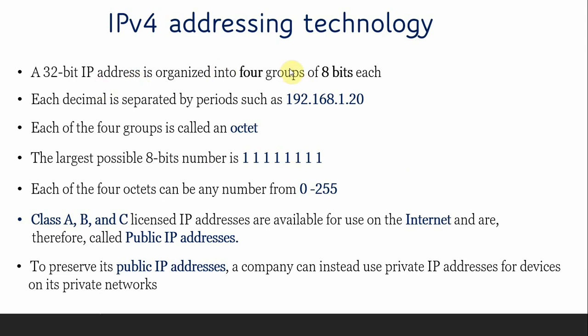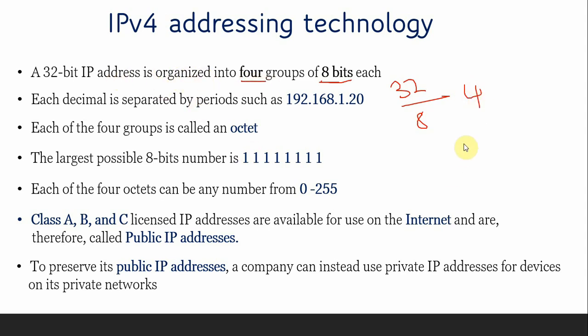So it is organized in 8 bits. If we divide the 32 bits by 8, we are going to get 4. So the IP address is grouped into 4 different groups.